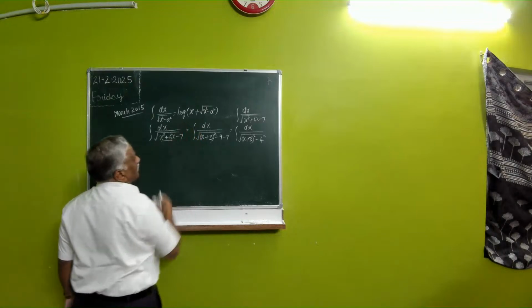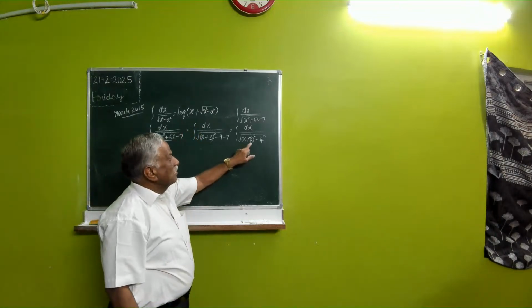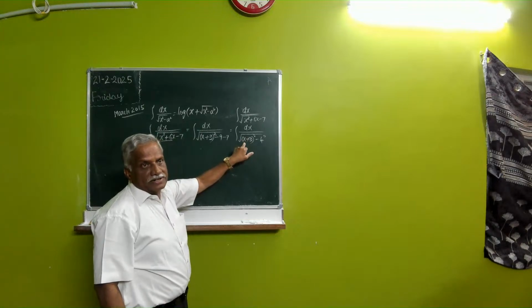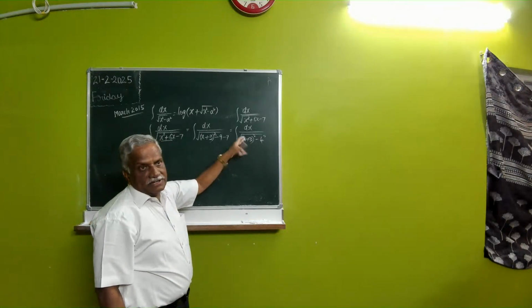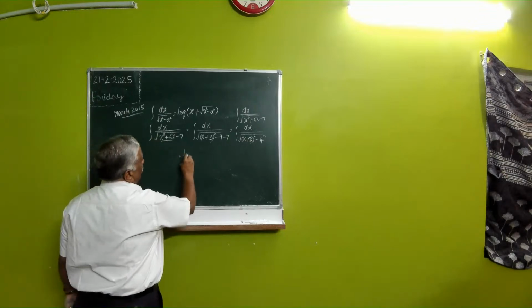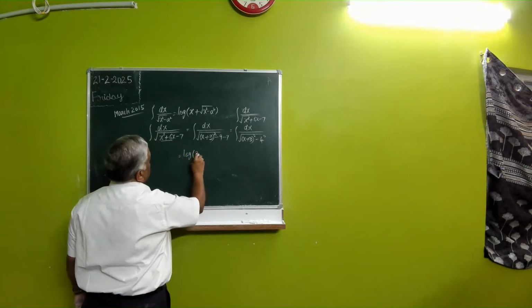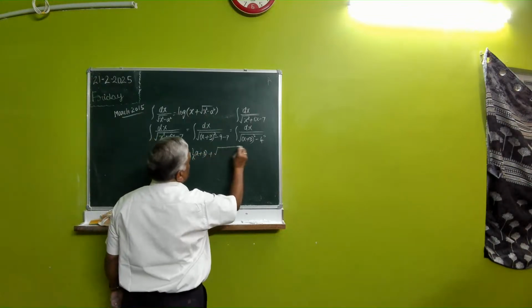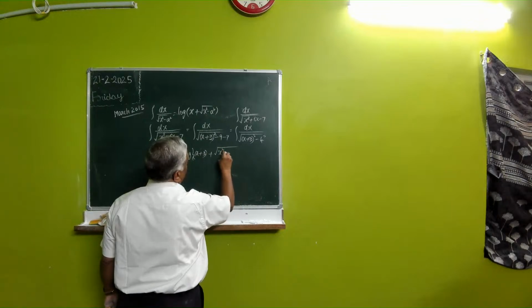So you can use this formula. In place of x, you have got x plus 3. Then other than x, you have to differentiate that. When I differentiate, I get 1, therefore there is no change. So 1 by, this is log of x plus 3 plus root of x square minus a square, is the given problem.